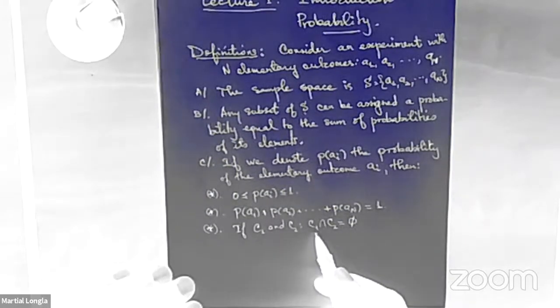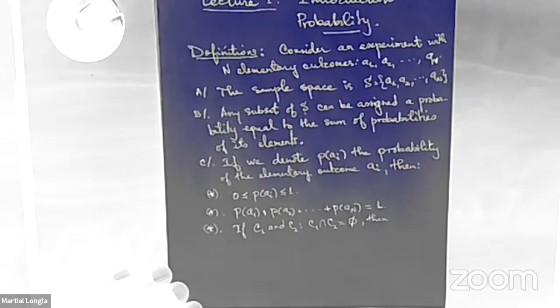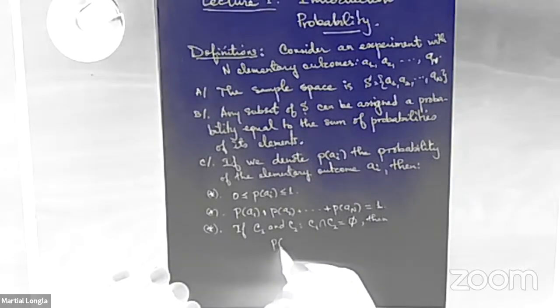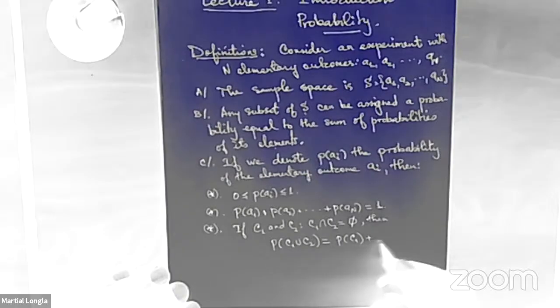So instead of writing this, you can say disjoint. Then the probability of C1 union C2 is equal to the probability of C1 plus the probability of C2.